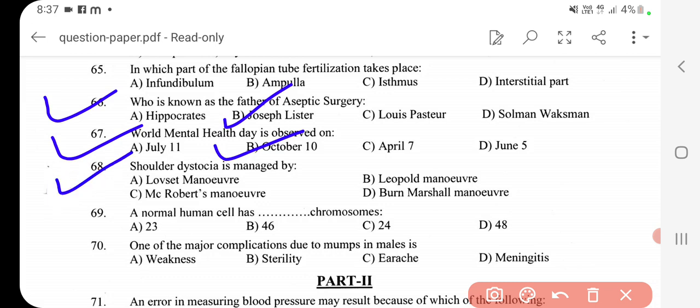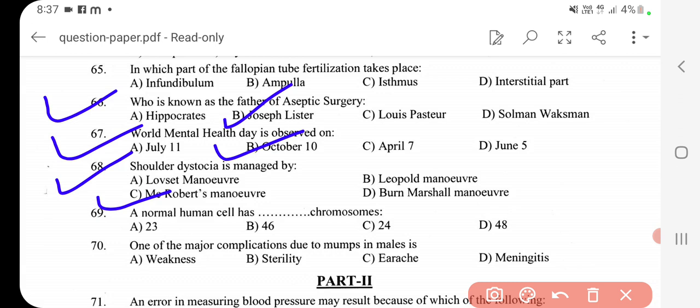Next, 68. Shoulder dystocia is managed by Lovset maneuver, Leopold maneuver, McRoberts maneuver, and Bernmancher maneuver. So right answer is option C, McRoberts maneuver. Next, 69. A normal human cell has dash chromosomes.